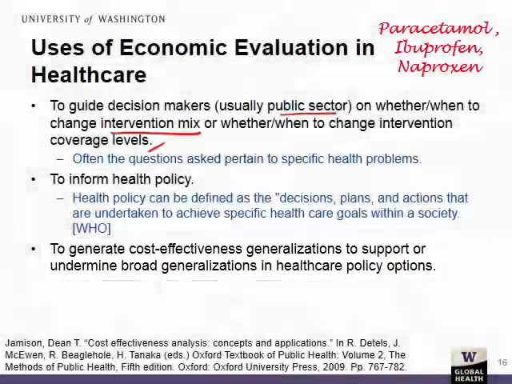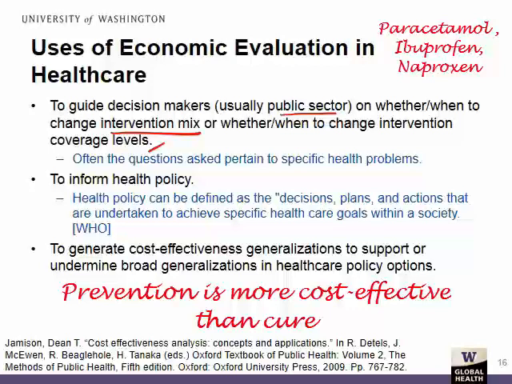So you'll find people throw things around like prevention is more cost effective than cure, and if this is for a particular healthcare intervention, you are able to actually put numbers on that to perform an economic evaluation and decide whether the evidence supports this broad generalization that someone is making in a specific jurisdiction, maybe in a country.